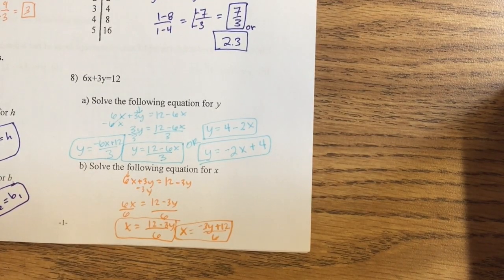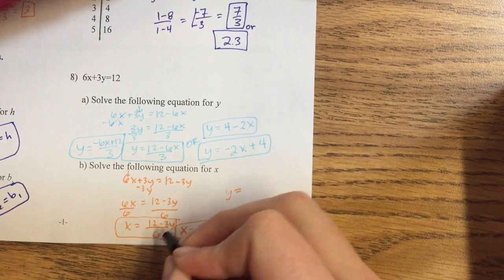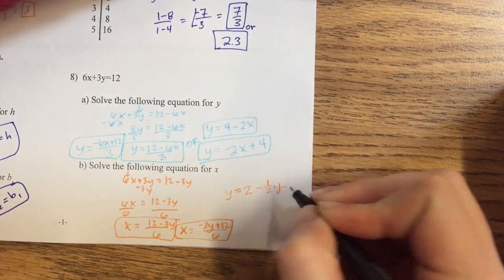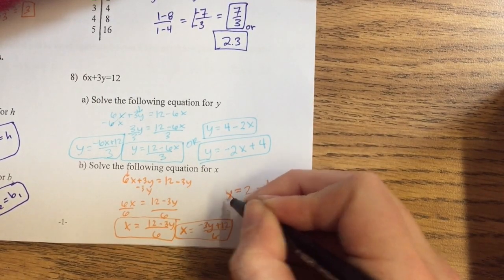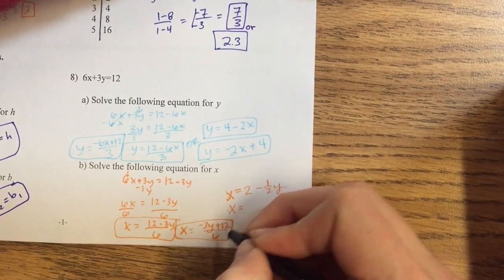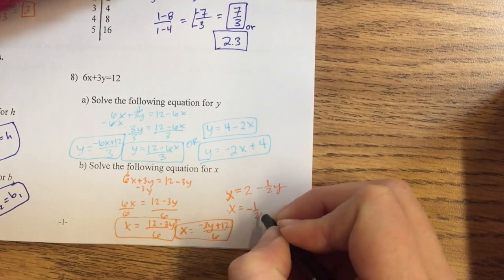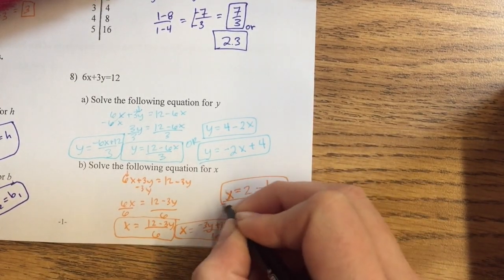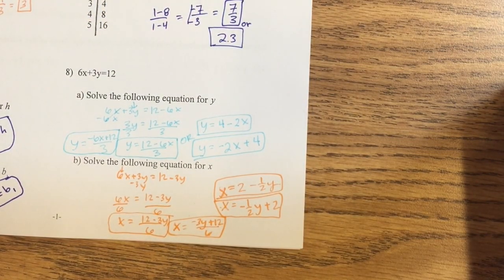That would be correct. And if you reduced, this one reduced would be 2 minus 1/2 y. And this one reduced would be negative 1/2 y plus 2. So those are the 4 different ways you could have written your equation solving for x.